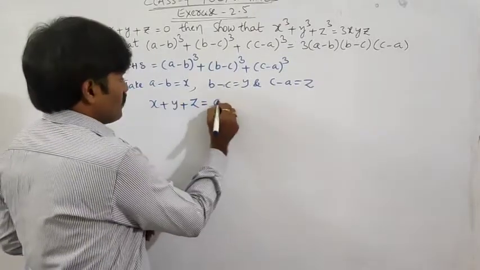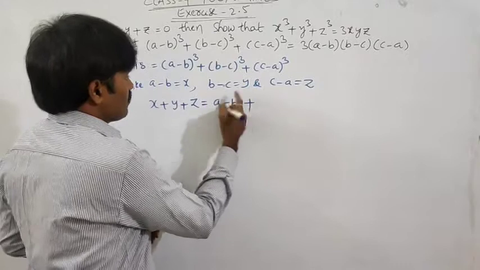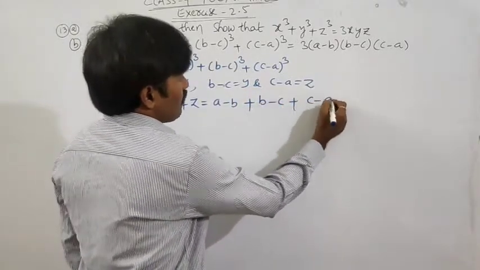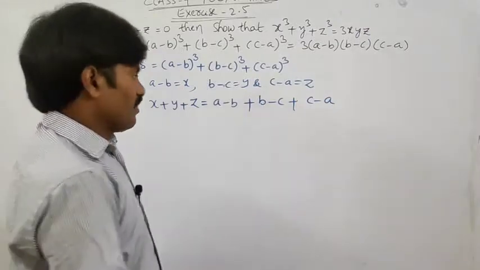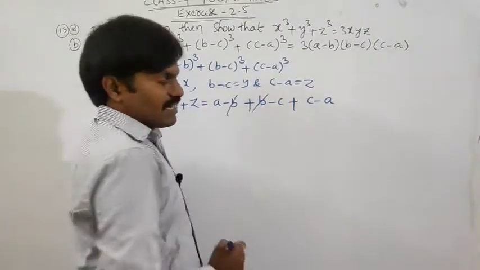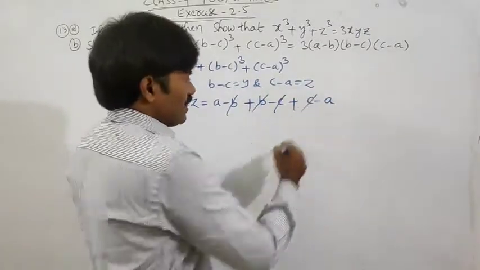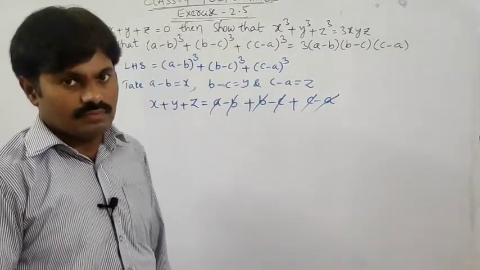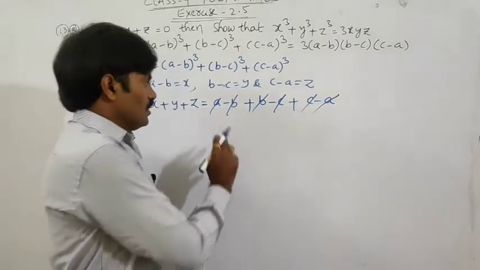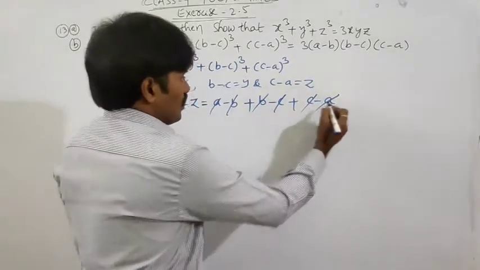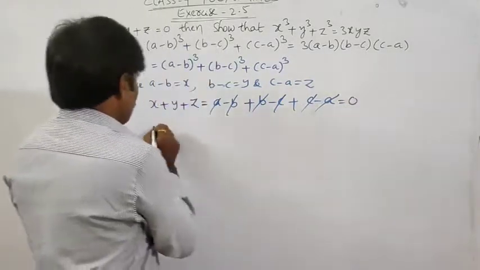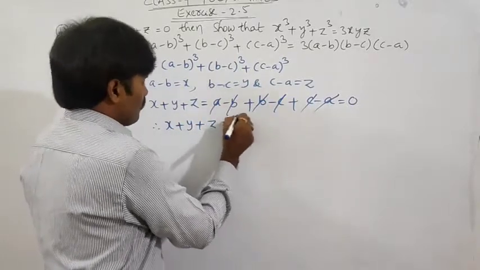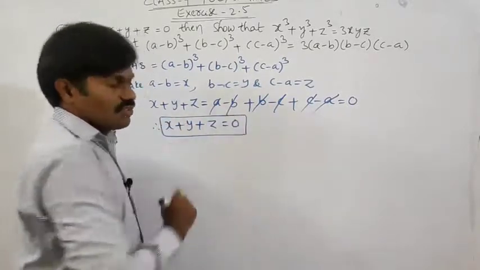The x value is a minus b, plus the y value b minus c, plus the z value c minus a. If we simplify, minus b plus b gets cancelled, minus c plus c is 0, and a minus a is 0. So the total result is 0. Therefore, here x plus y plus z is equal to 0.